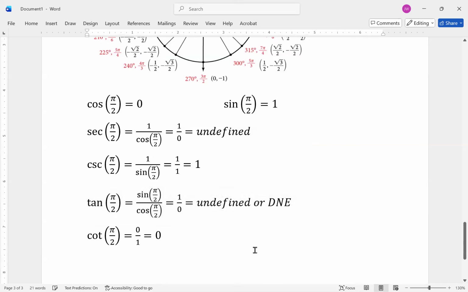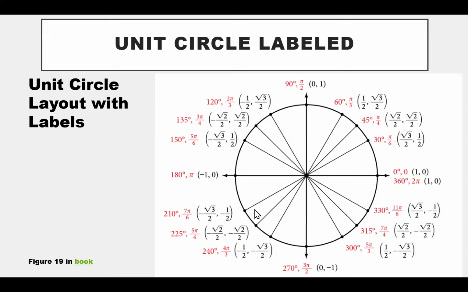But there you go. With pi over 2, we get a couple of our trig functions to be undefined. That'll happen anytime you're on one of the axes. Anytime your terminal ray is along the x-axis or the y-axis. So that should be pretty nice.